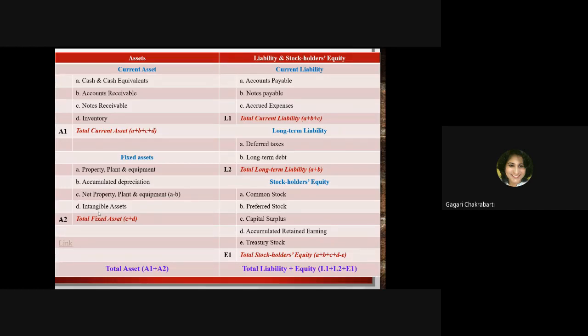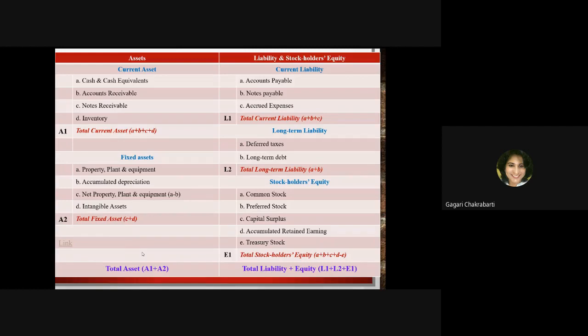So the total fixed assets will be the net tangible assets plus the intangible assets. So you can find out the total asset as the sum of total current asset plus the total fixed asset.